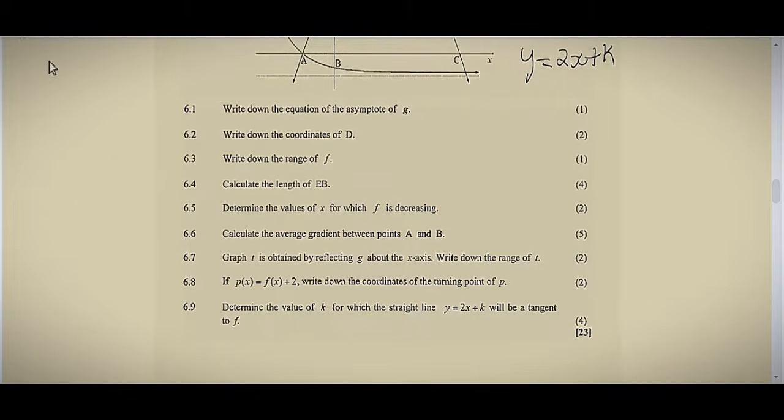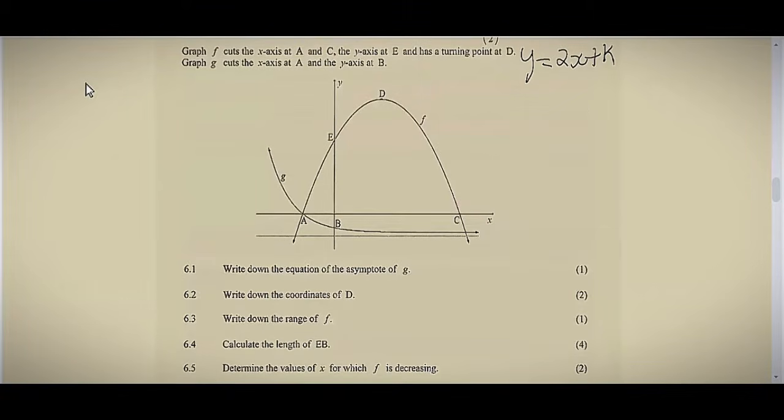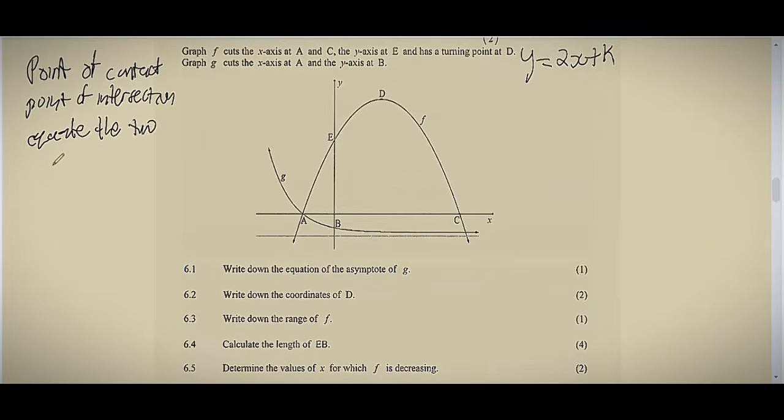If this straight line intersects with the graph of f at that particular point, we call that point the point of contact. Every time they mention point of contact or point of intersection, which all mean the same thing, we know that we have to equate the two equations, right? So this is what we know from this.